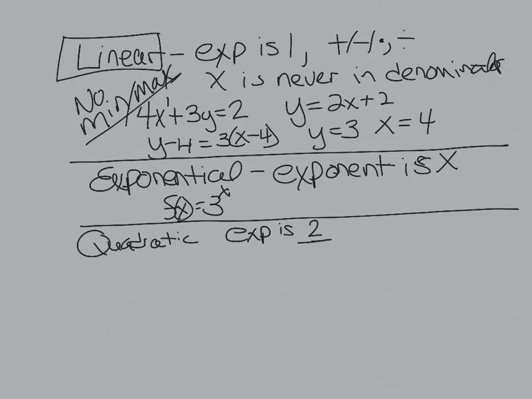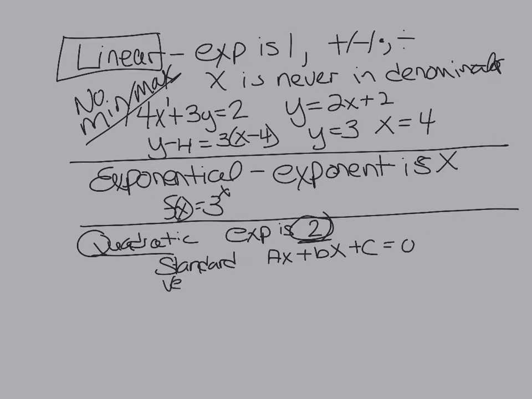Exponent is 3. So exponent is 2. The largest exponent is 2. Now, quadratics can be in different forms. We have standard form, and you'll become real familiar with this. ax squared plus bx plus c equals 0. This is standard form for a quadratic.